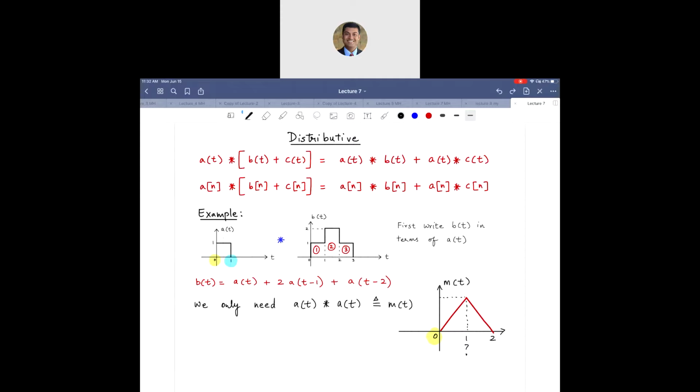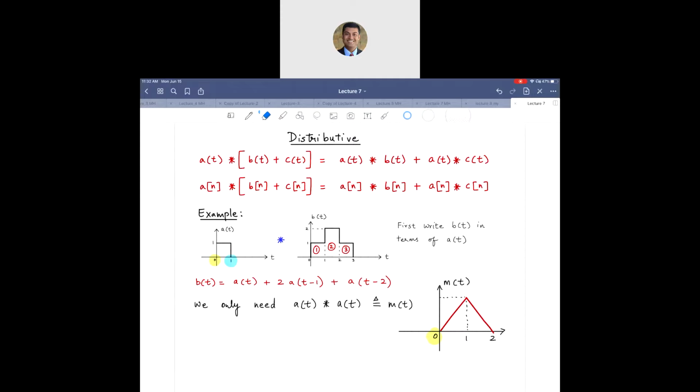So the output also should have even symmetry, about a new point, which corresponds to half plus half, which is 1. So using the symmetry property, you can say that it should be symmetric about a vertical line at 1.